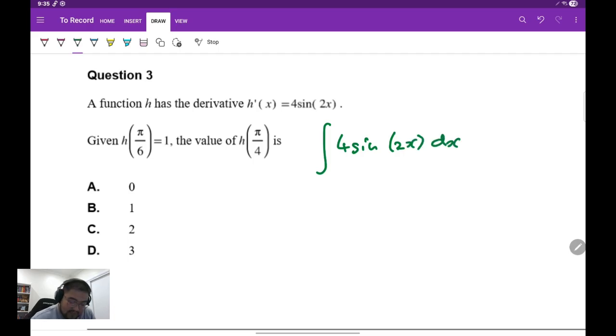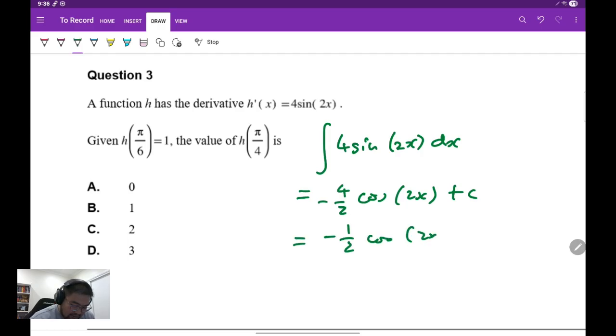The antiderivative of this will be, take out the brackets, so 1 on 2, so half, so that's 4 on 2 cosine 2x, and sorry, that's negative, plus c, because the antiderivative of sine is negative cos, and you take that inside the brackets out as 1 on 2. And this simplifies to negative half cos 2x plus c.